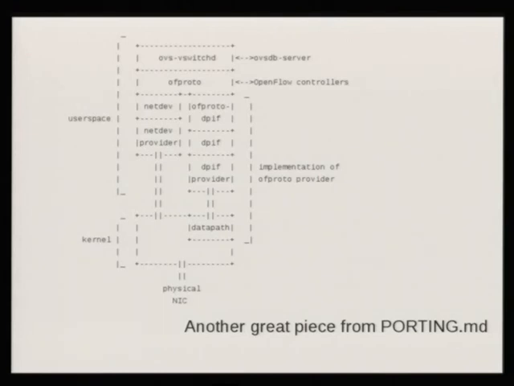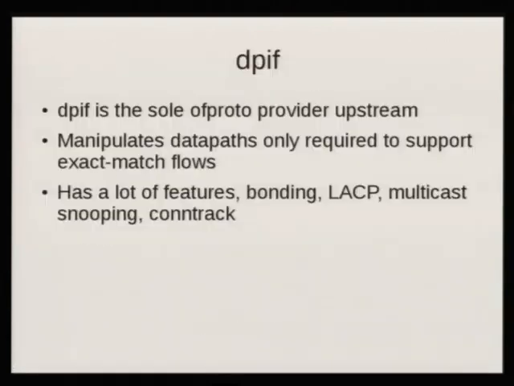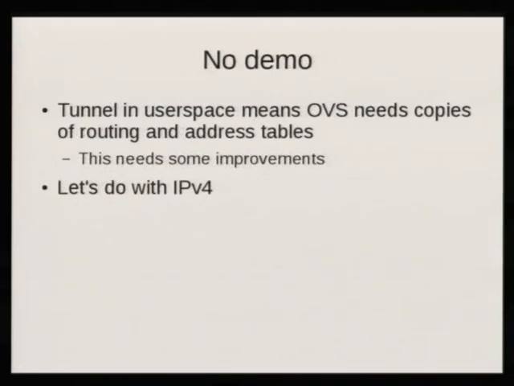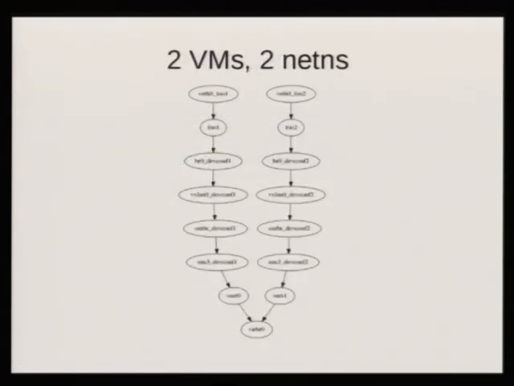You just need to prepend a header and send the packets through another interface, and you need to write all that in software, in userspace, on OVS. I'll show you how it works.